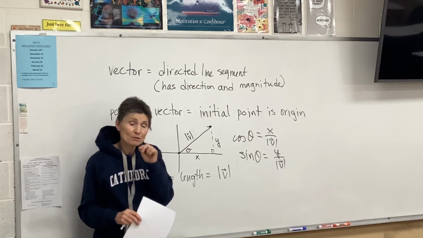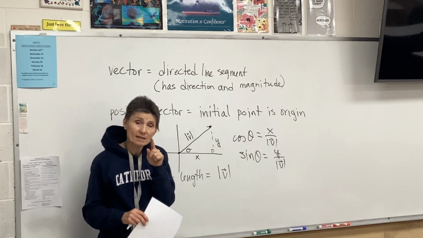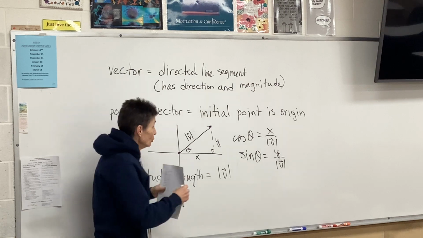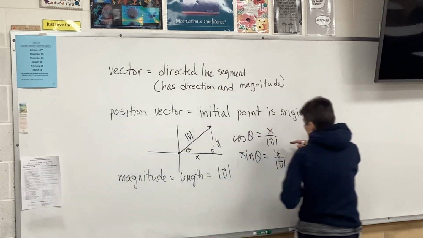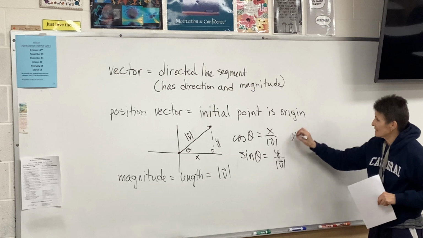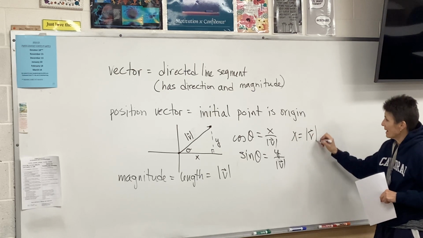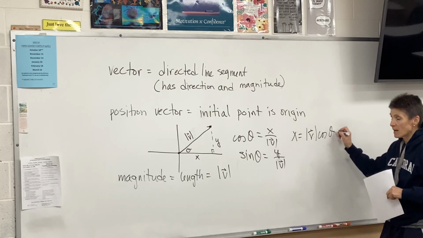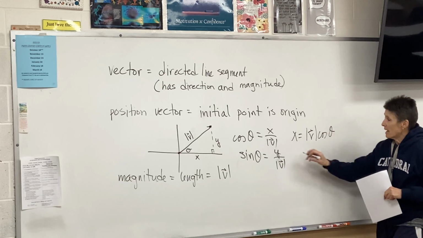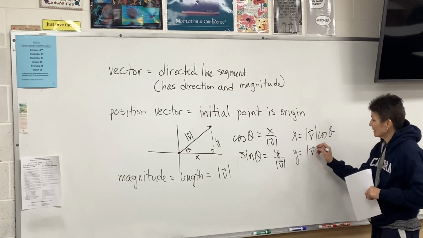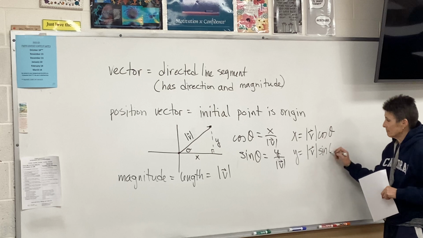So if I am interested in the components of the vector, look at what x is going to end up equaling. If I multiply this over, doesn't x equal the magnitude times the cosine? And y equals the magnitude times the sine.